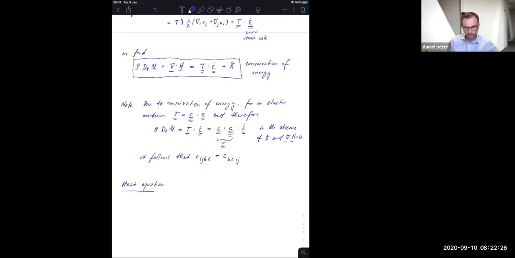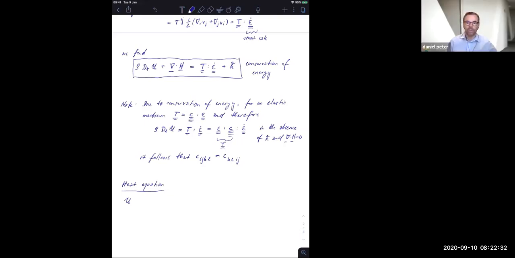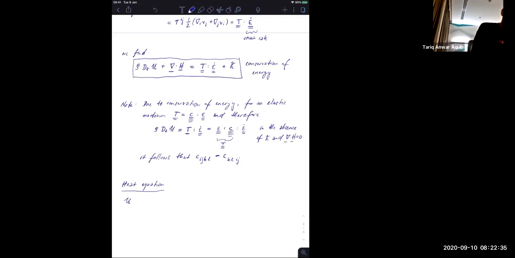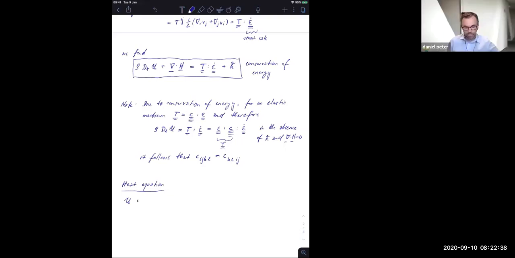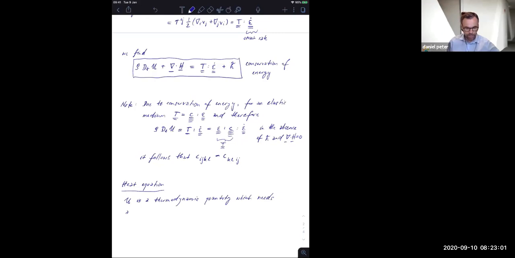So let's come to the heat equation, and here especially we have to look into this internal energy U. So U is a thermodynamic quantity which needs an equation of state to relate it to temperature.